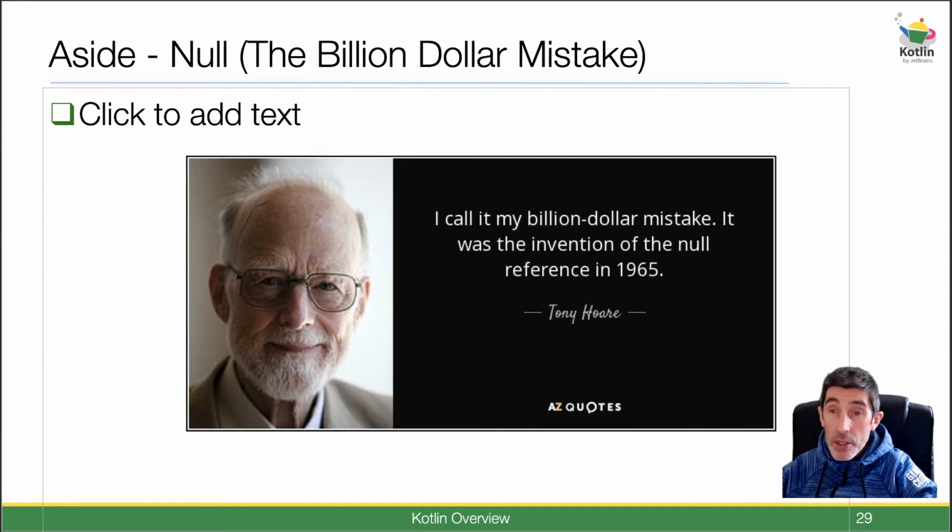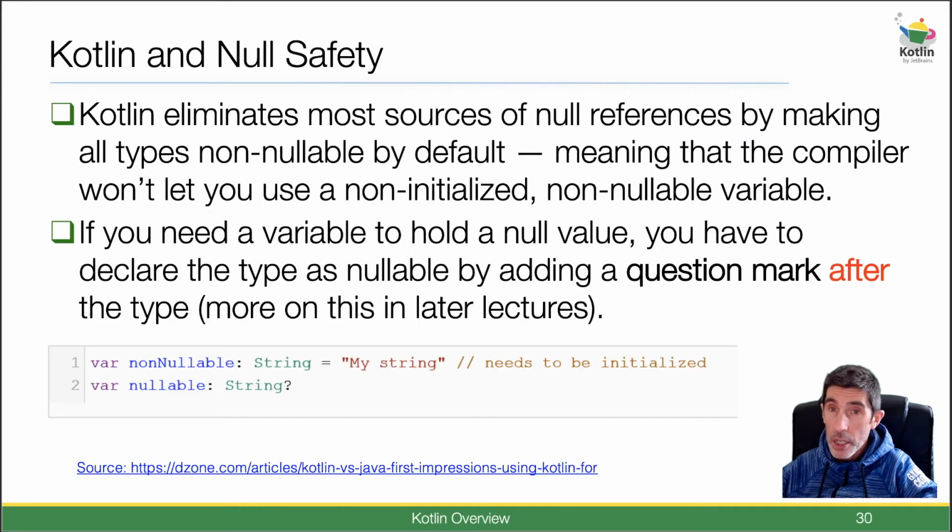That can be quite time consuming, hence the $1 billion mistake. Even trying to check for it, in your defensive programming, to ensure that something may or may not be null, and to deal with it if it is. That was all extra overhead when developing in Java, but Kotlin actually deals with that.